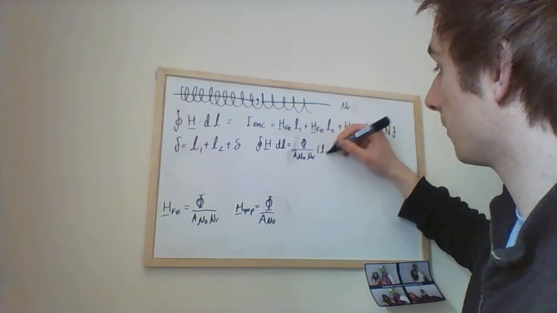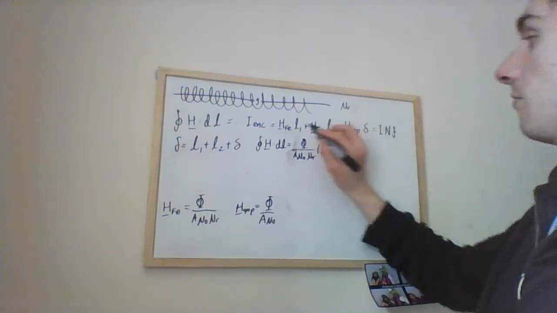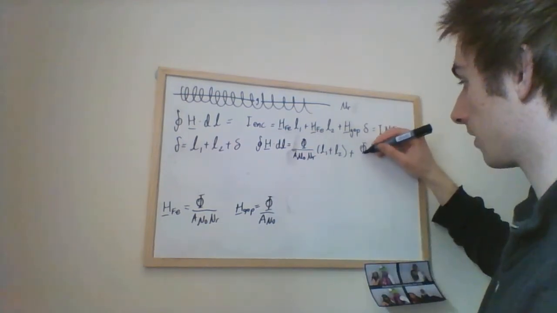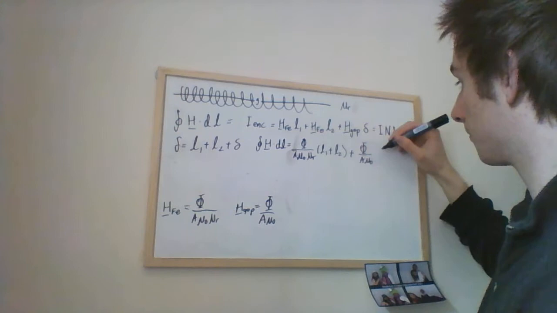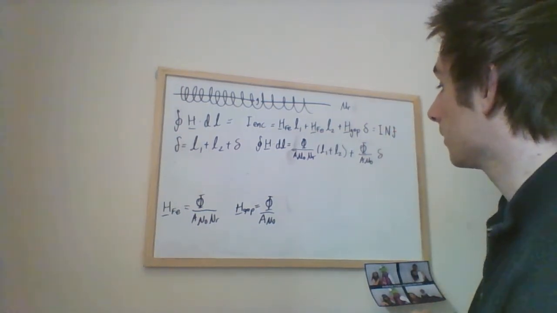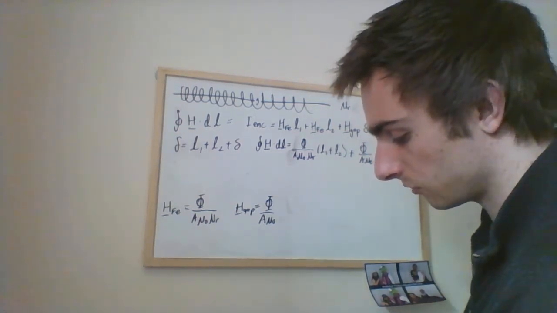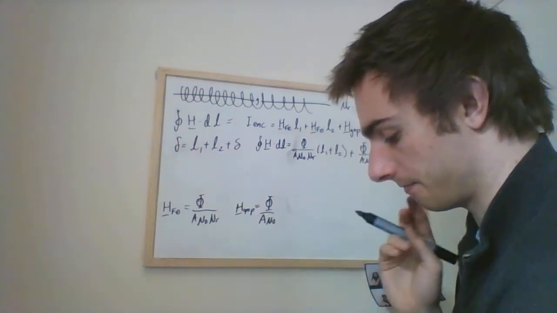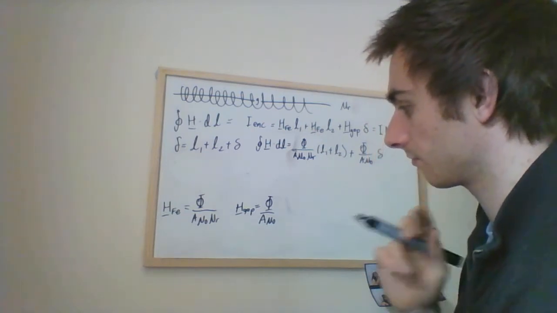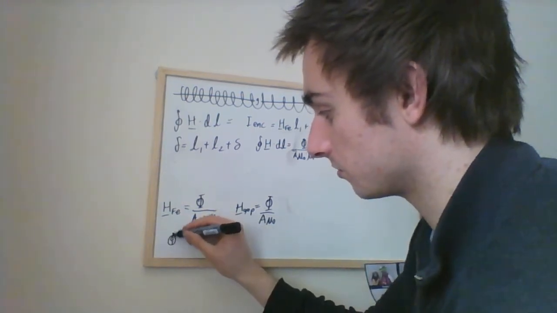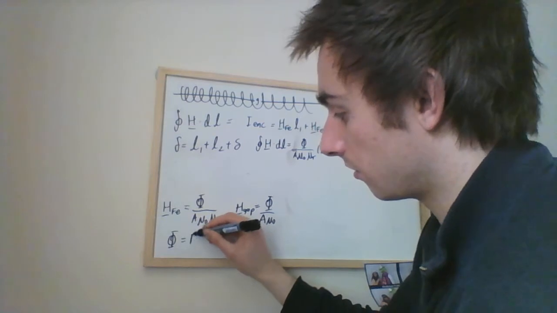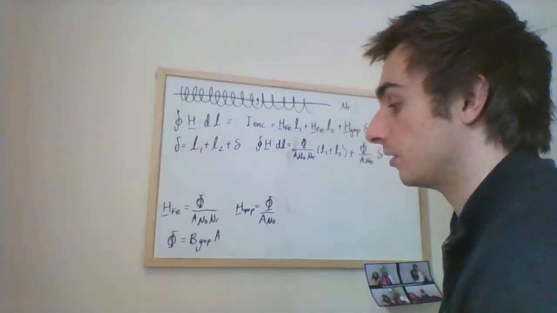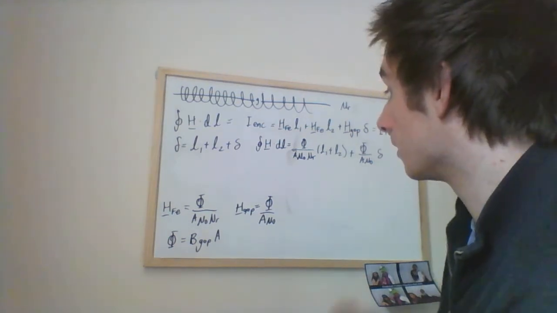And I'll multiply that by L1 plus L2 just to save a bit of space here, and plus through the gap A, and then we'll substitute our expressions for the flux back in. Remember, the flux was equal to the B field through the gap multiplied by area. So here we go.